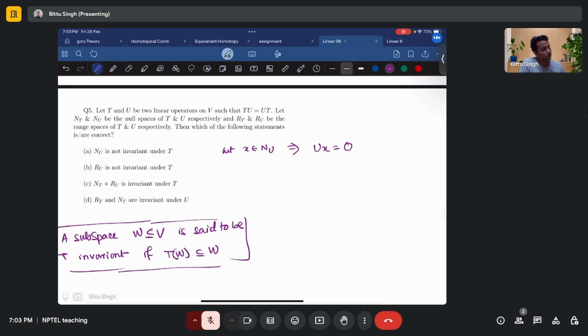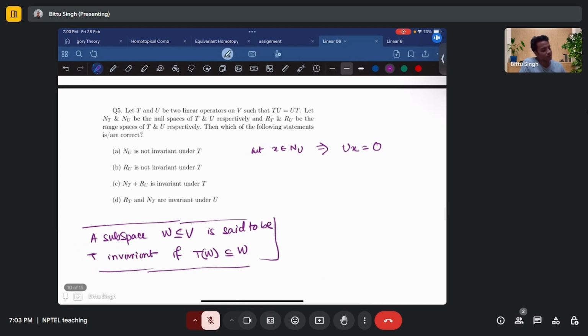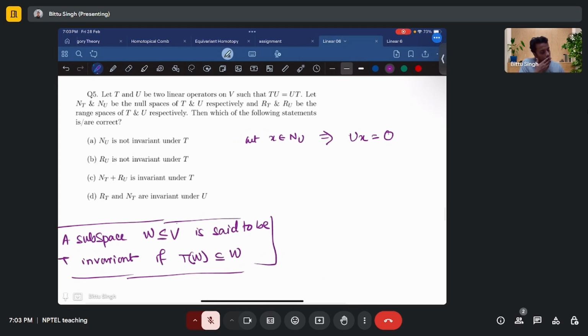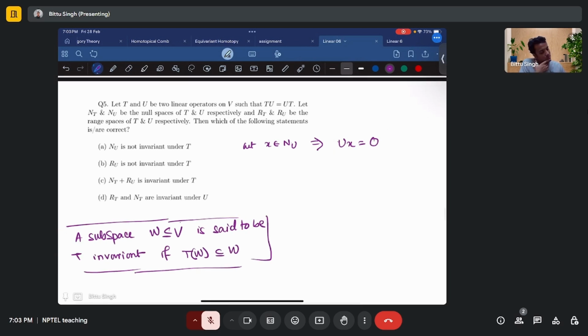So now we need to see if null space of U is not T invariant. x belongs to NU.